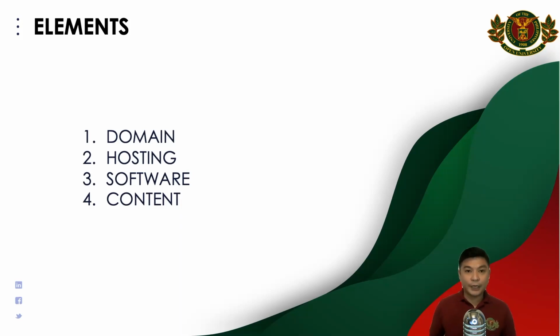Third is the software. Now, software is a big element in a website because it can be from scratch. So you'll program using computer languages. But for our purpose, we'll be using a CMS or content management system. Content management system is a pre-programmed software that we can use. So WordPress is particularly an open source software.